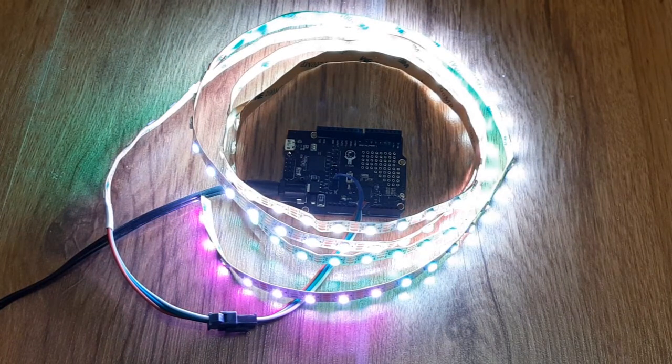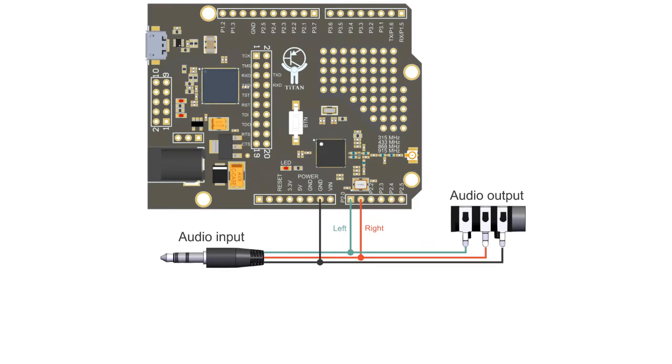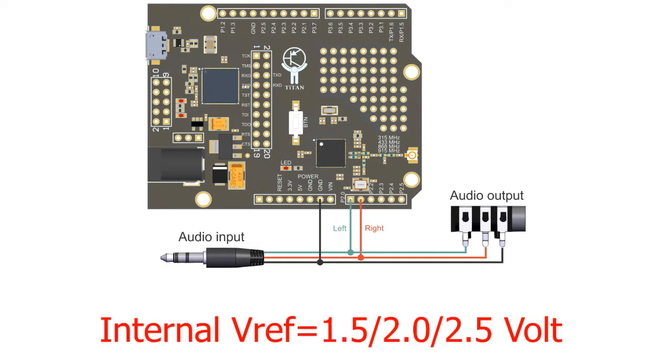Let's continue. Let's put aside the RGB LEDs for a while and start working on the analog part of our project. As we send a signal to the input from the headphone connector, the amplitude of this signal will be quite small, and with the ADC's internal reference voltage, weak signals will be difficult to measure.